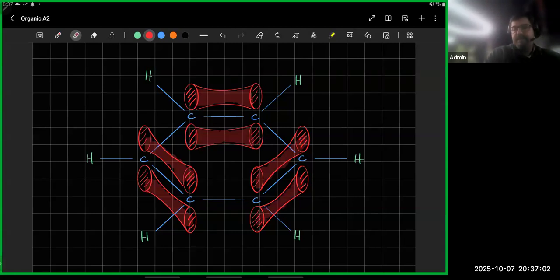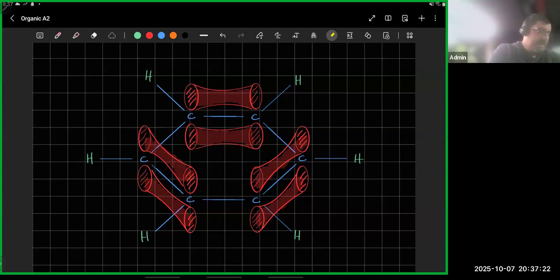But in this situation, you don't just have two p orbitals lying sideways. It's six of them. And eventually, if this orbital over here is overlapping with this one, it can also simultaneously overlap with the other one as well. Okay, what's stopping it? Nothing is stopping it. So basically, all the p orbitals become delocalized.